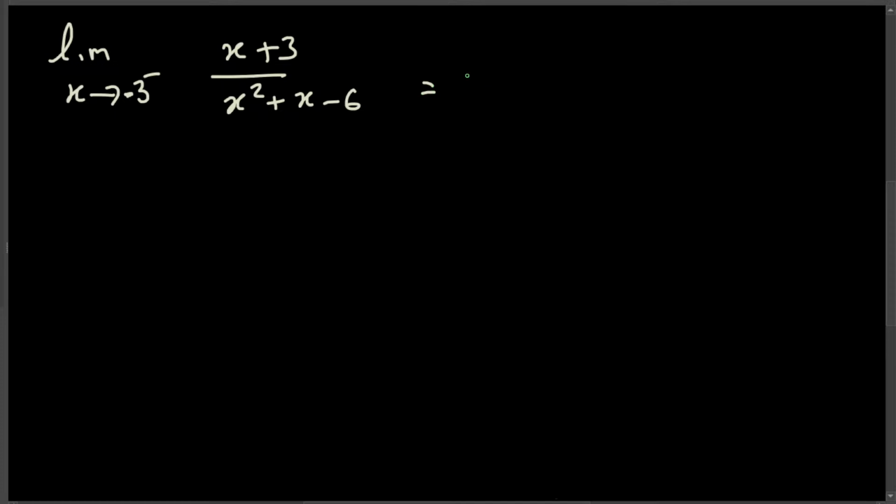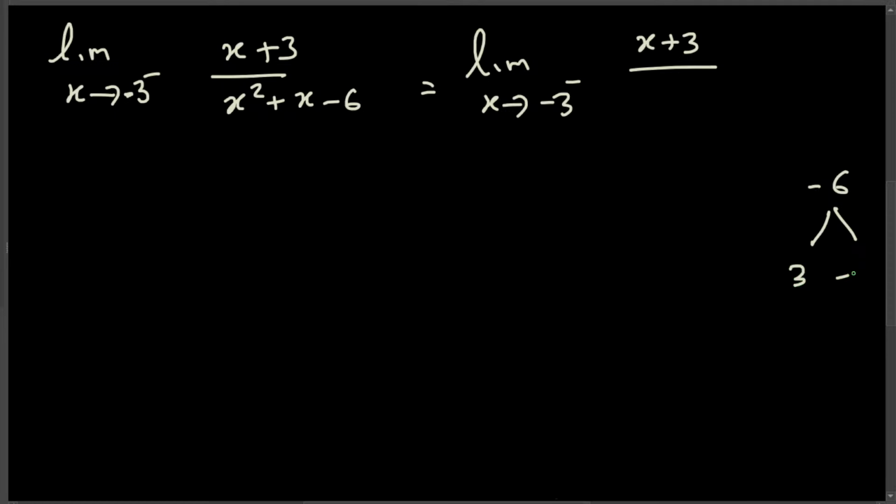The limit as x approaches negative 3 from the left side of x plus 3, and in the denominator we have to find values that multiply to give us negative 6 and add to give positive 1. So positive 3 and negative 2 will work, because when you add, you get positive 1, and when you multiply, you get negative 6.